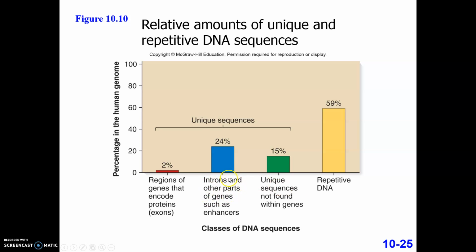We also have about 24% that make up regions that include introns, but also the parts in between genes that are involved in regulating how much of that gene is made at particular points in time. And again, these are regions of the genome where other proteins bind to help stimulate that production. And we also have several unique sequences that just aren't in genes.